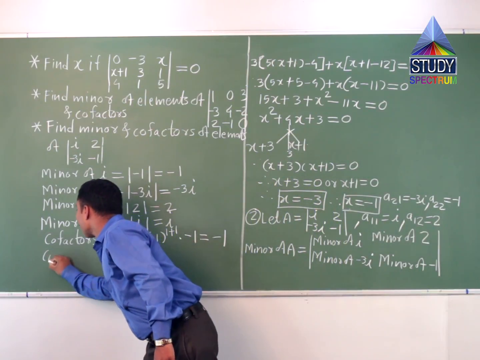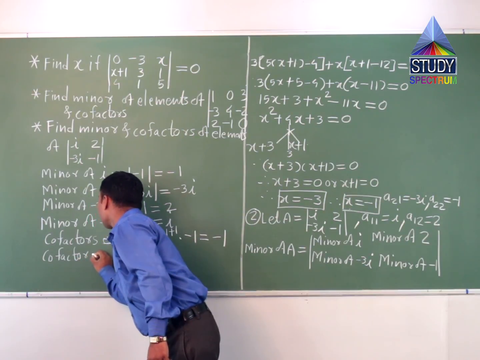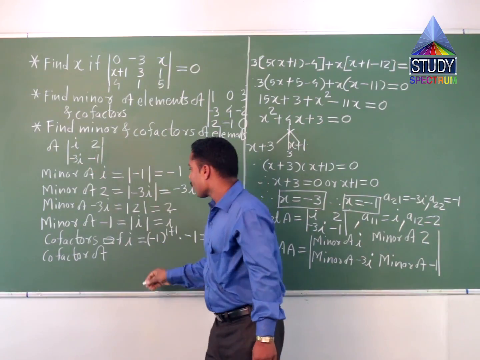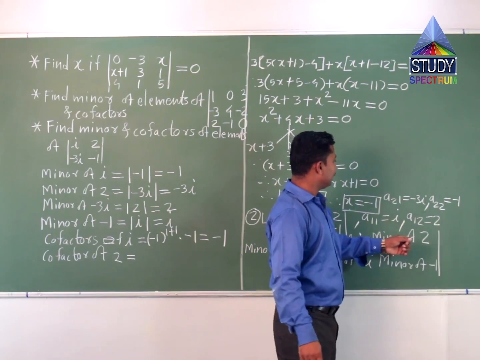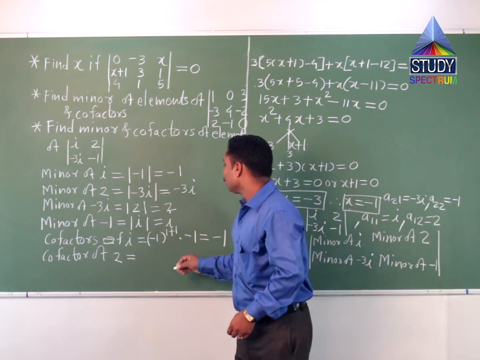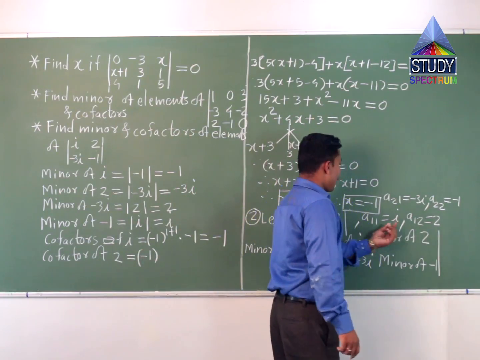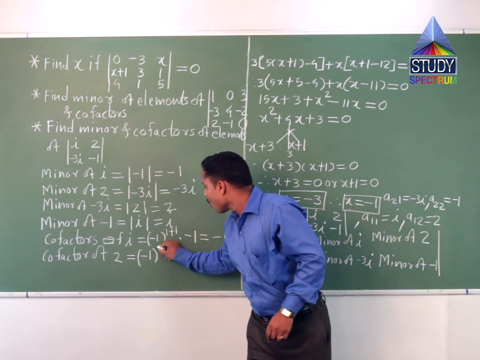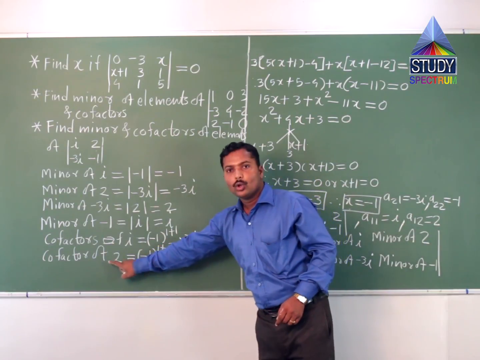Similarly, cofactor of this number 2 equal to what? 2 means a12. So minus 1 raised to the addition of the suffix, 1 plus 2, into minor of this 2.